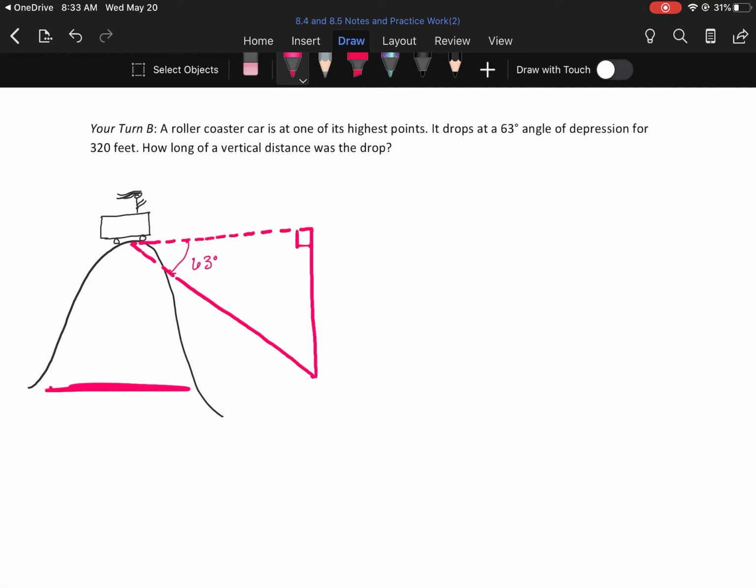So now here is my right angle, which means this is 320 feet, the hypotenuse, because it drops at a 63-degree angle of depression for 320 feet. So we'll say that's our drop there. How long of a vertical distance was the drop? So over here would be my vertical distance that we're using. All right, so now pause this, see if you can pick out the right trig ratio to use and solve the problem, and then come back and check.